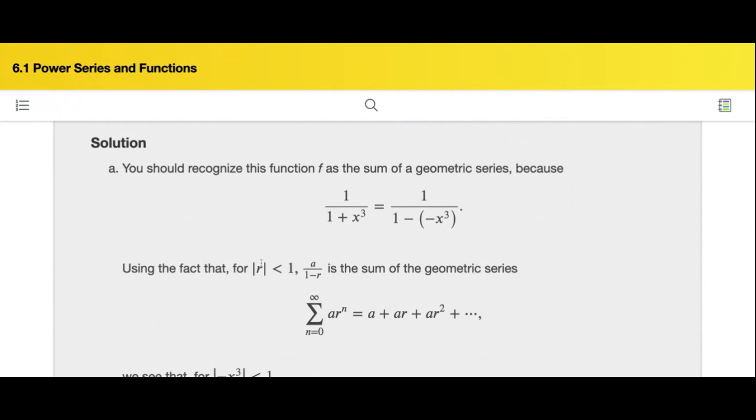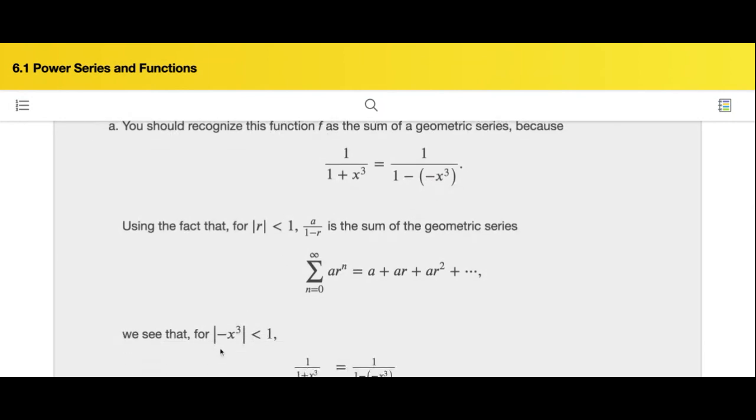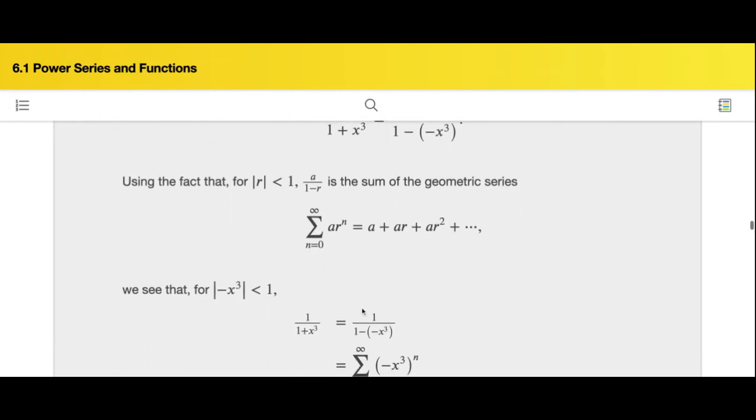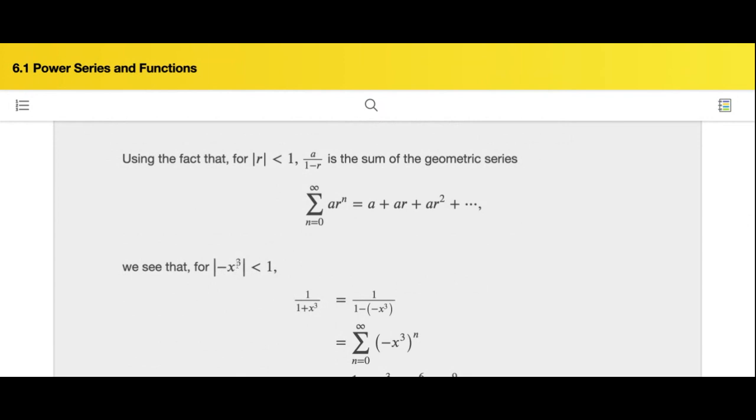And of course, that requires absolute value of negative x cubed less than 1, because R in this case is negative x cubed. The first term A is just 1. So A is 1, and R is negative x cubed. So that means absolute value of negative x cubed needs to be less than 1 for it to converge.